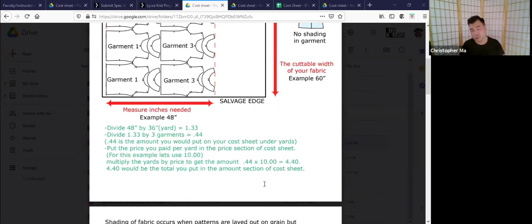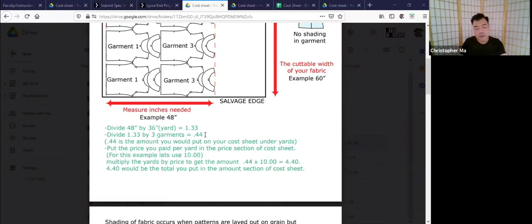So 1.33 yards give you 3 garments. So how many yards for each garment? Then you divide 1.33 by 3, gives you 0.44.